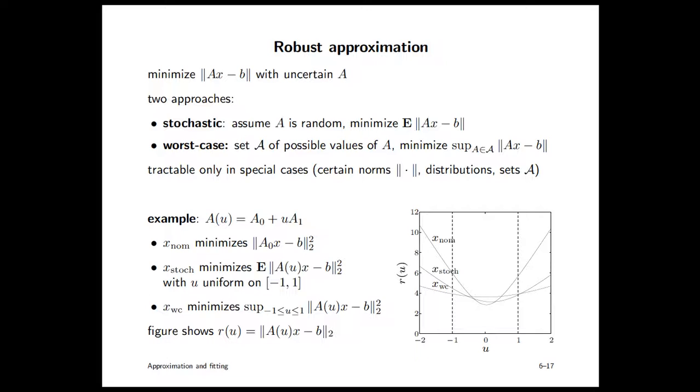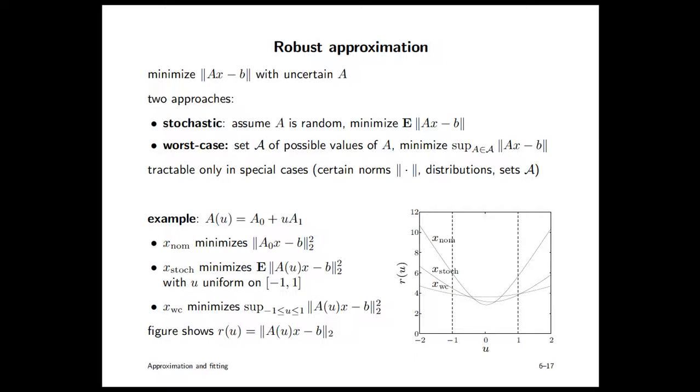In this figure, the plot shows that the approximate solution is sensitive to variations in the parameter u. The nominal solution achieves the smallest residual when u equals zero, but it is quite sensitive to the parameter variations.